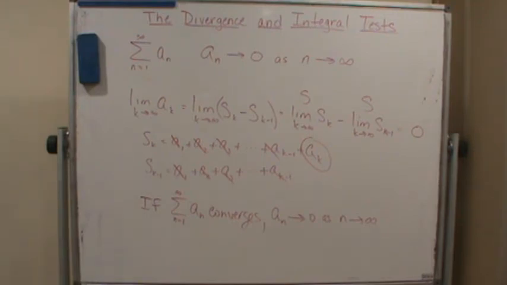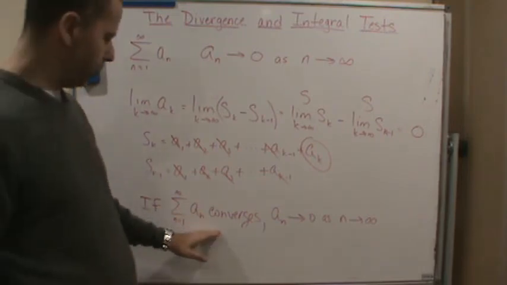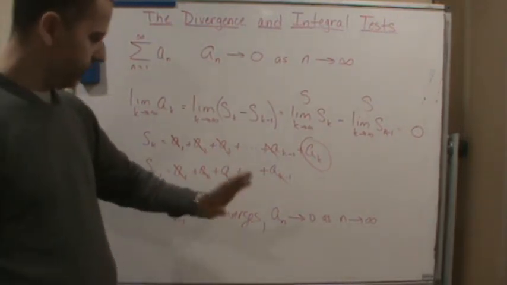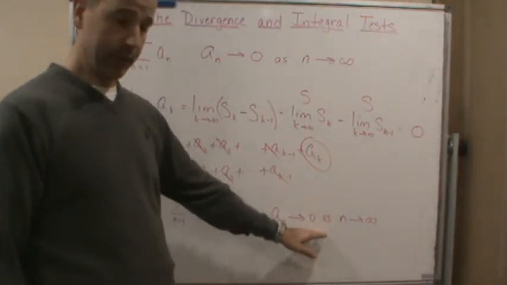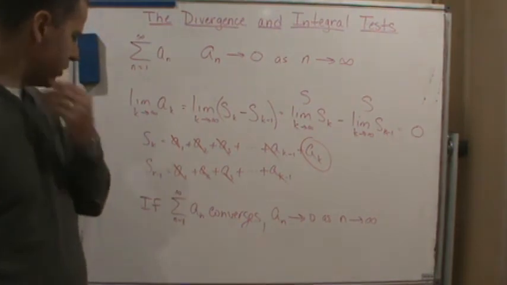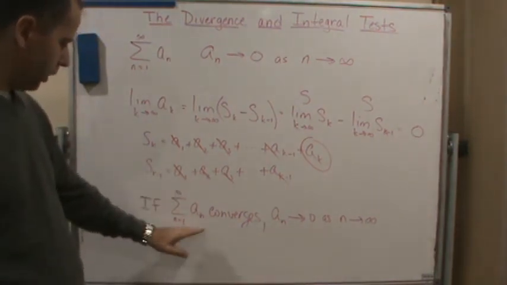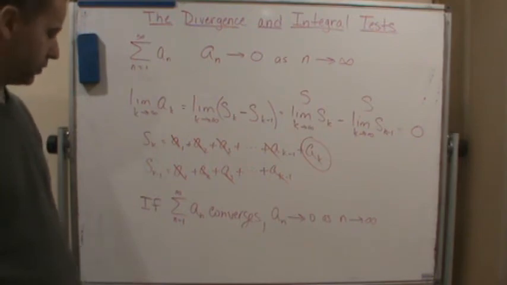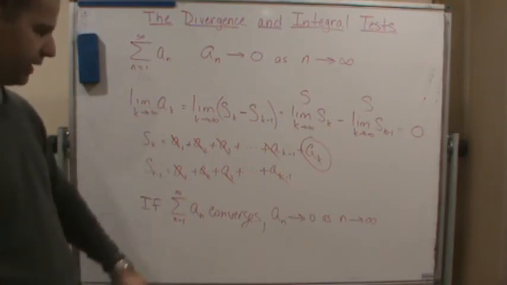Now this doesn't really help us. If we know that the series converges, then this is automatic. If this is true, then this must be true. But what if we don't know whether the series converges to a number or whether it diverges? Well, how is this going to help us?